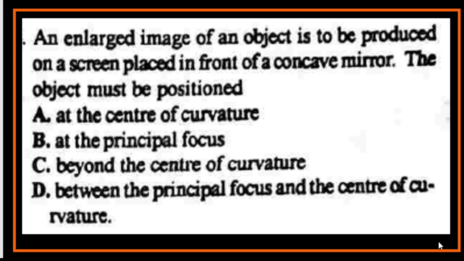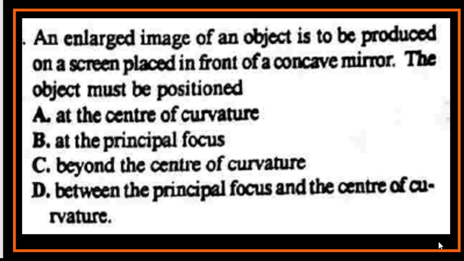Because for you to produce an image on a screen, the image has to be real. That's the first fact. And two, we want the image to be enlarged, which implies that we'll be making use of which case? Case 2. No, case 3. The case 1 I had with you was an object positioned behind the center of curvature.